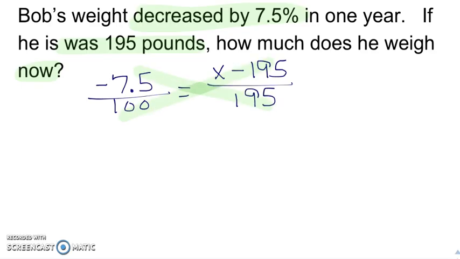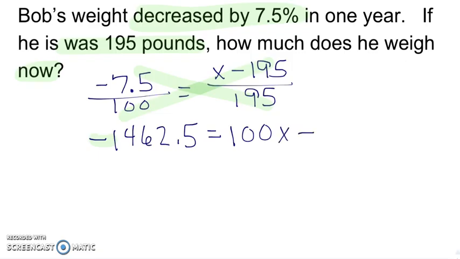Cross multiply. Negative 7 5/10 times 195 gives us a negative 1,462.5. I'm going to distribute my 100, which would give me 100x minus 19,500.